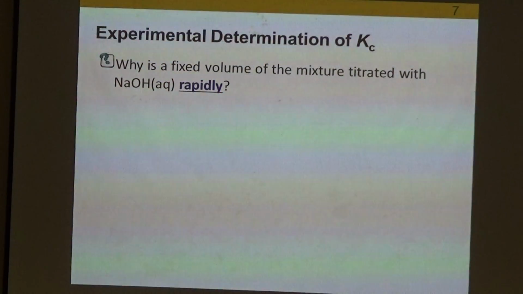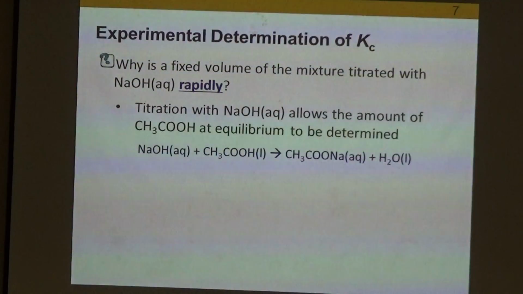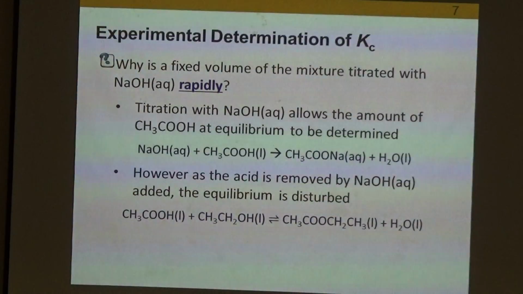Now, why do you need to titrate with the sodium hydroxide rapidly? Think about what the sodium hydroxide does and what effect it can have on the equilibrium. When you titrate with sodium hydroxide, you are trying to determine the amount of the ethanoic acid. But when you remove the ethanoic acid, you change the equilibrium.